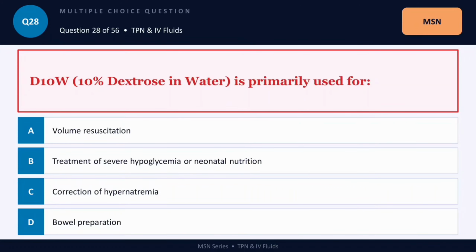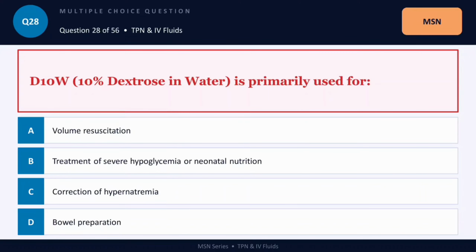Question number 28. 10% dextrose in water is primarily used for option A, volume resuscitation, option B, treatment of severe hypoglycemia or neonatal nutrition, option C, correction of hypernatremia, option D, bowel preparation.